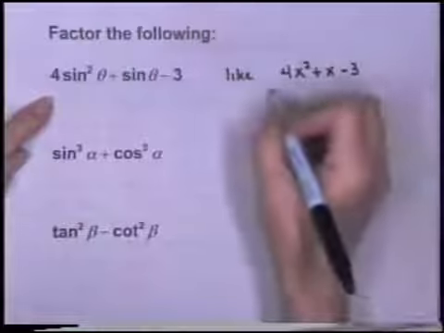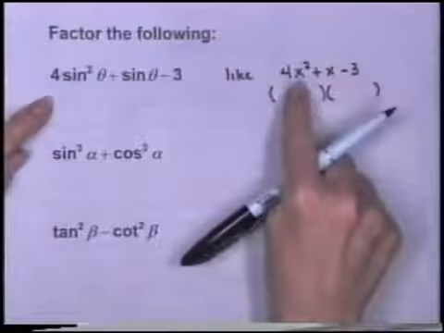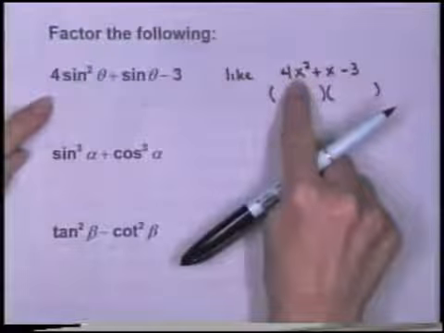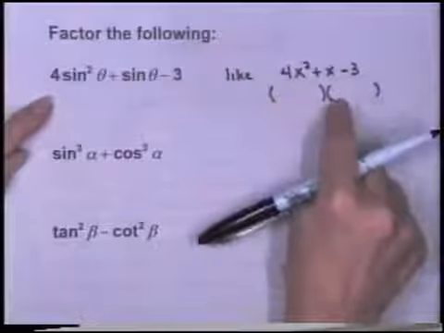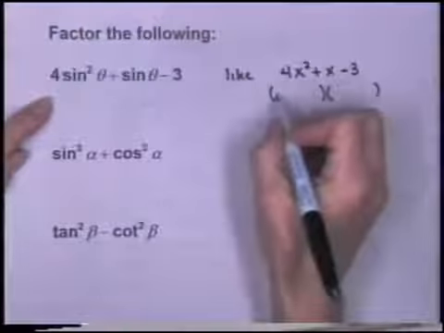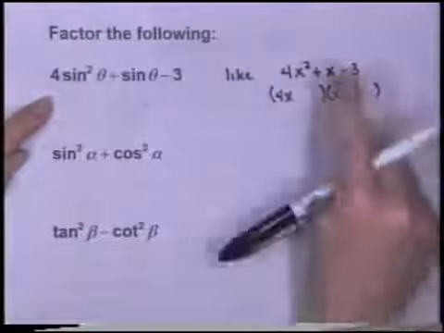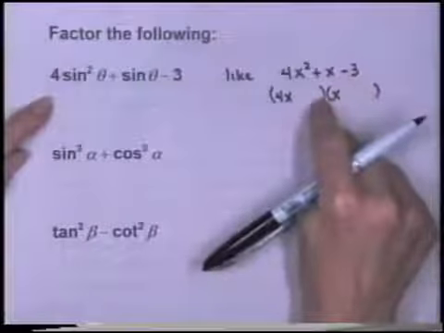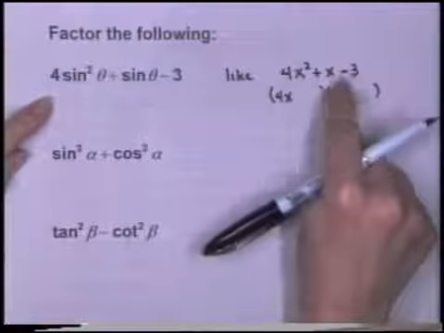Now, to factor this, we know that we would look for two terms whose product is 4x squared. And so that might be 2x times 2x or 1x times 4x. And I'm sort of looking ahead here. I'm going to put down 4x times 1x here. We know that our third term dictates the numbers that go here, so that must be 3 times 1.